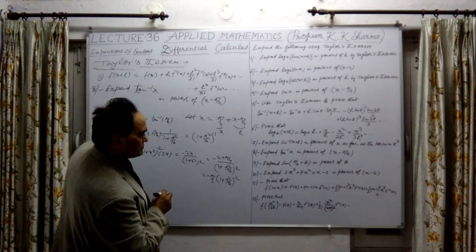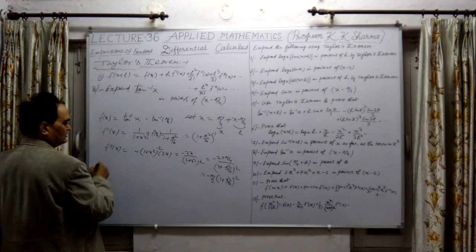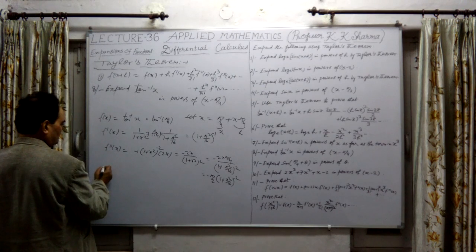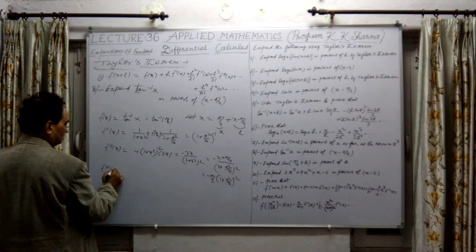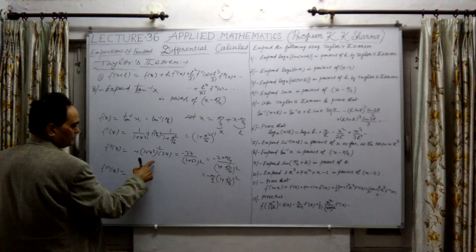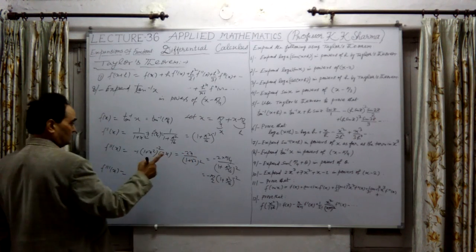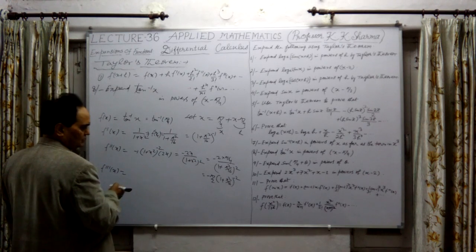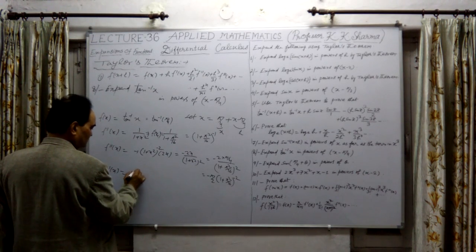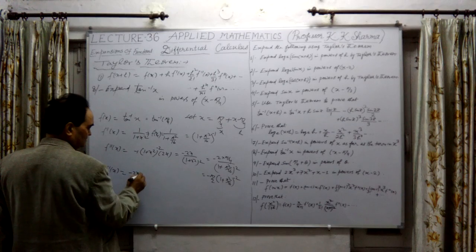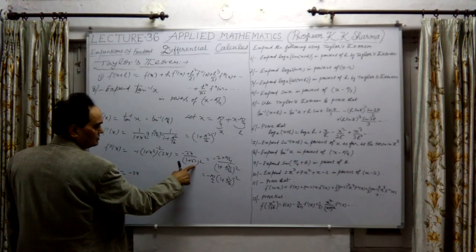No condition on how many terms we have to write. Let me write the third step. F triple dash x. If I differentiate, this is minus twice x into (1 plus x square) whole power minus 2, by product rule. Let me find out. This is minus twice x as it is into (1 plus x square) whole power minus 2.